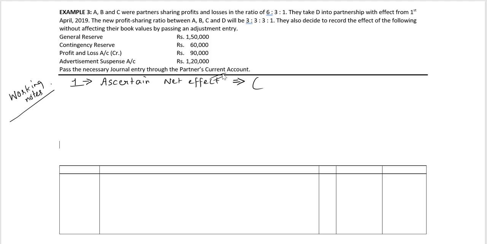To get the net effect, we need to add rupees 1,50,000 plus 60,000 rupees, the contingency reserve, plus the 90,000 rupees accumulated profit, and we need to deduct the advertisement suspense of 1,20,000 rupees. We get a positive 1,80,000 rupees.